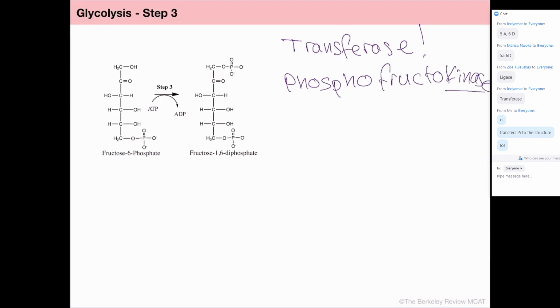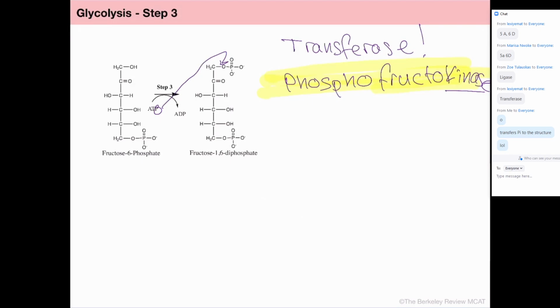A kinase is transferring the gamma phosphate group from ATP onto a molecule. I would definitely know phosphofructokinase. This is a very important enzyme for regulation of metabolism.